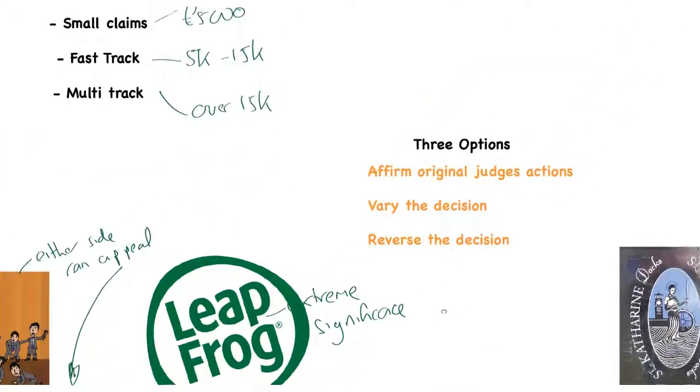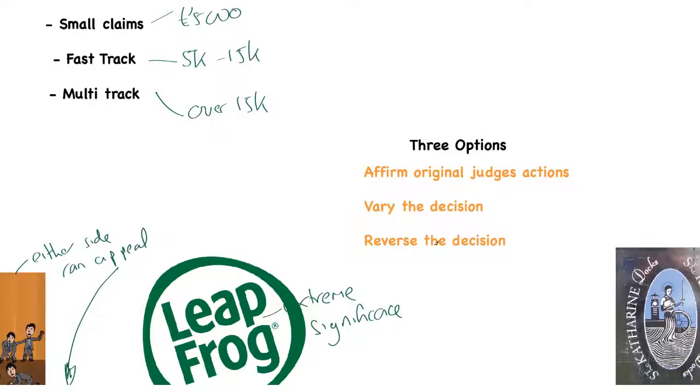The appeal judge has three options available to them. The appeal judge can affirm the original judge's actions. And they can do that by saying, we are not going to allow the appeal. We think that the original judge was right. The second option is they can vary the decision, normally through the award of damages.